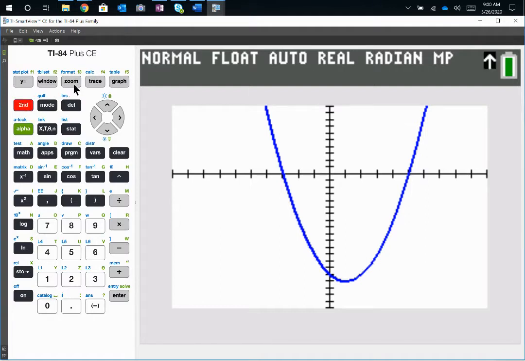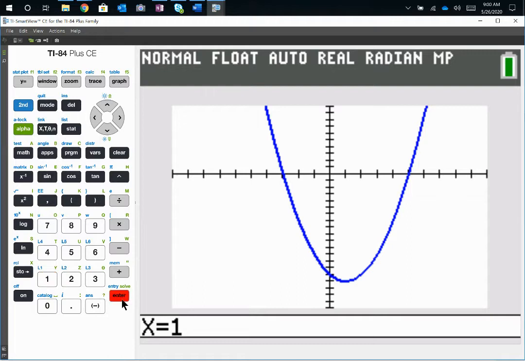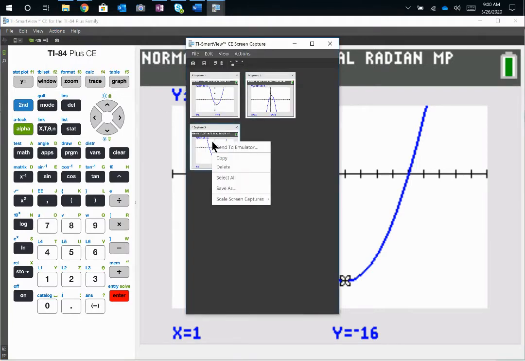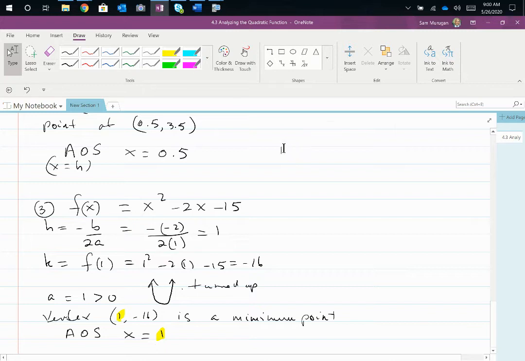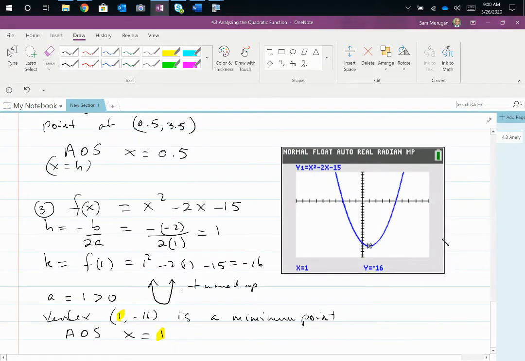We can compute that vertex at 1, and we'll see that when x is equal to 1, y is equal to negative 16. Notice that everything else is confirmed. This is a minimum point, and the graph is turned upwards as we expected.